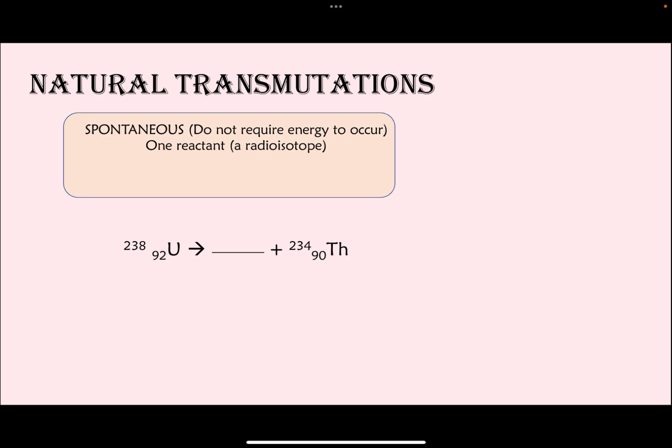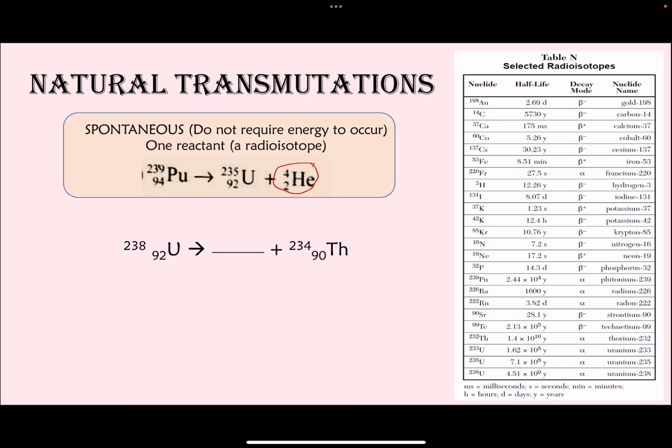You can see this example at the bottom. We see one reactant only, and it's emitting a decay particle, an alpha particle in this case, and converting into uranium. Or maybe I should say decaying into a different radioisotope. So any type of natural decay is an example of a natural transmutation.